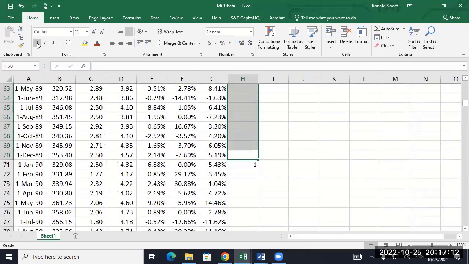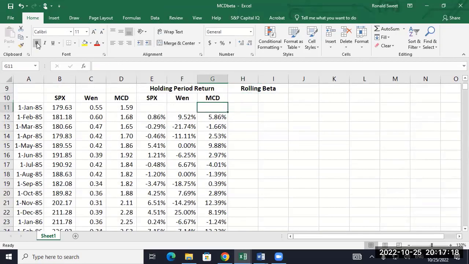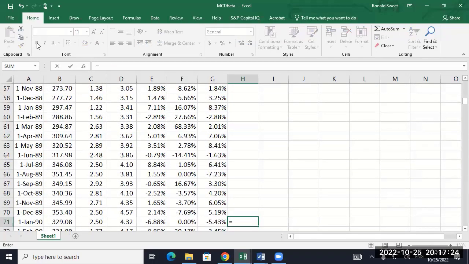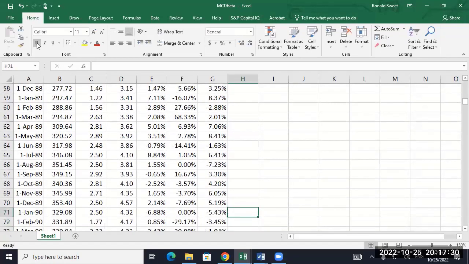Or exactly 60. So there's 60 months. All right. So we're going to do Wendy's and McDonald's. So Wendy's rolling beta. You remember what's the formula used for beta? And there's two formulas. It's covariance divided by, y'all tell me the rest of it.